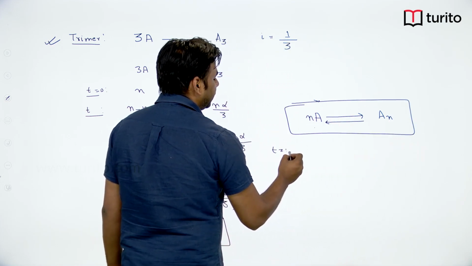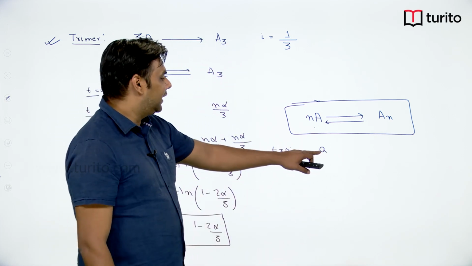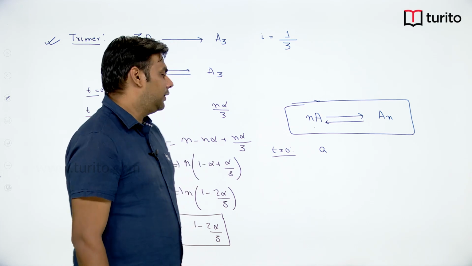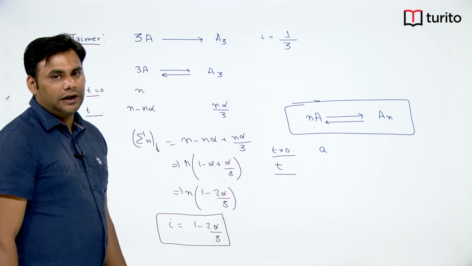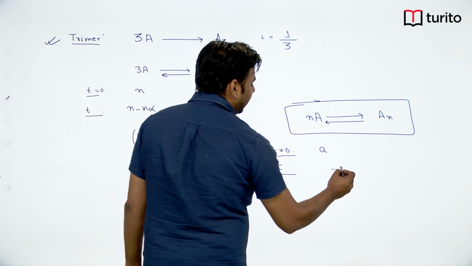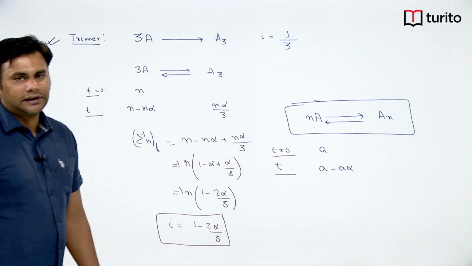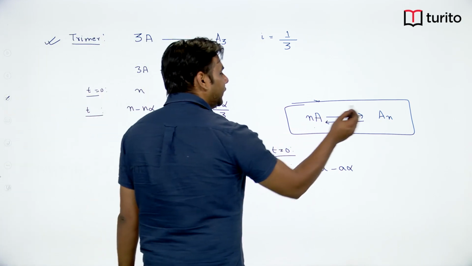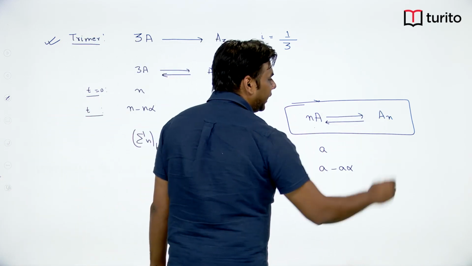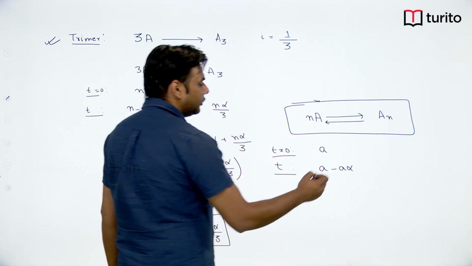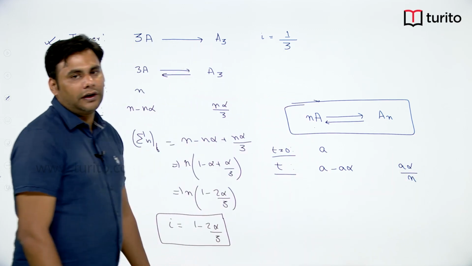At time t equals 0, let us assume the number of moles to be a. We are not taking it as n because there is already an n over here. After some time t, alpha amount associated, so we will be left with a minus a alpha. Now n moles of A give 1 mole of An, so 1 mole of A would give 1 by n moles of An. So a alpha that reacted would give us a alpha by n moles of An.